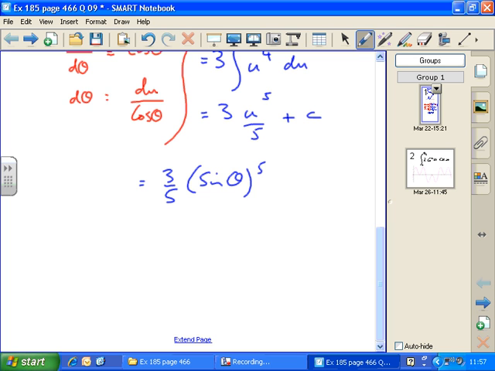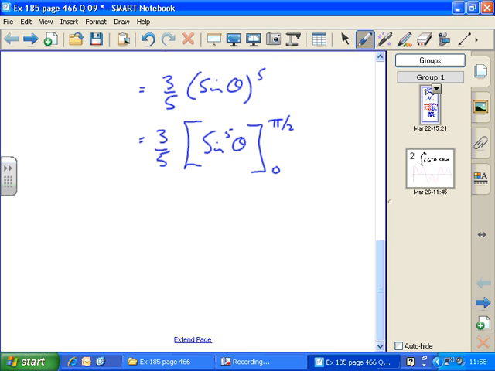But of course we're putting this into limits, so this equals 3/5 sine to the 5 theta between the limits of 0 and pi by 2.